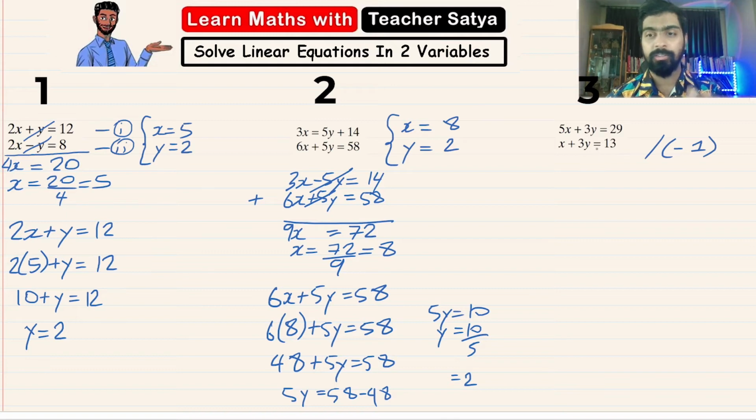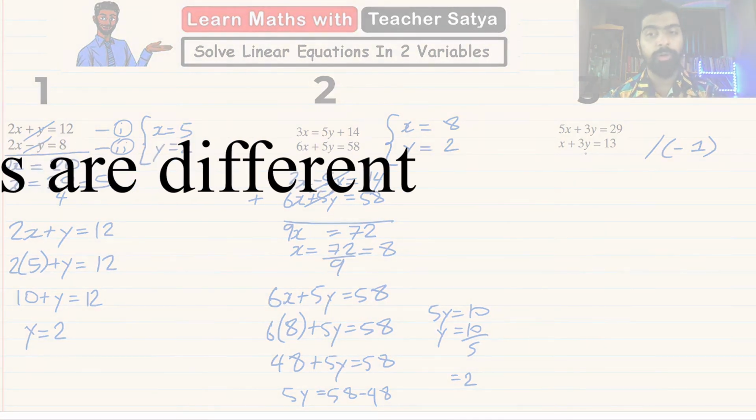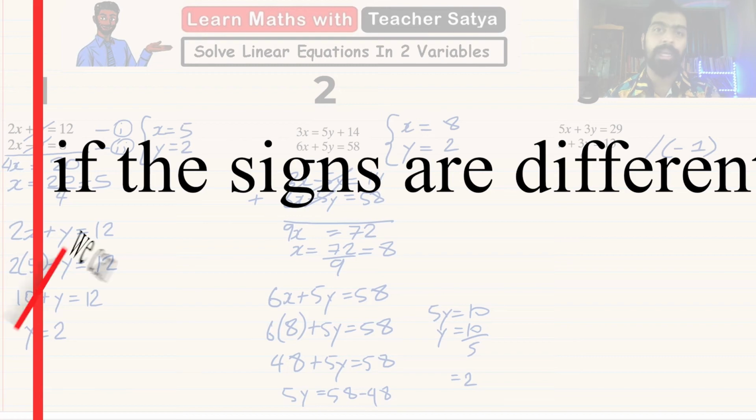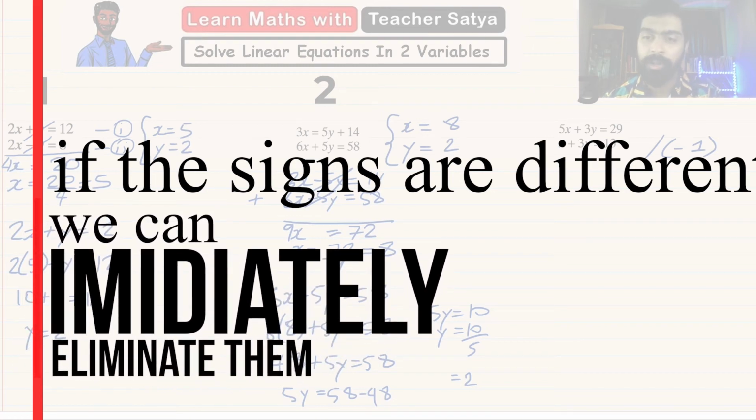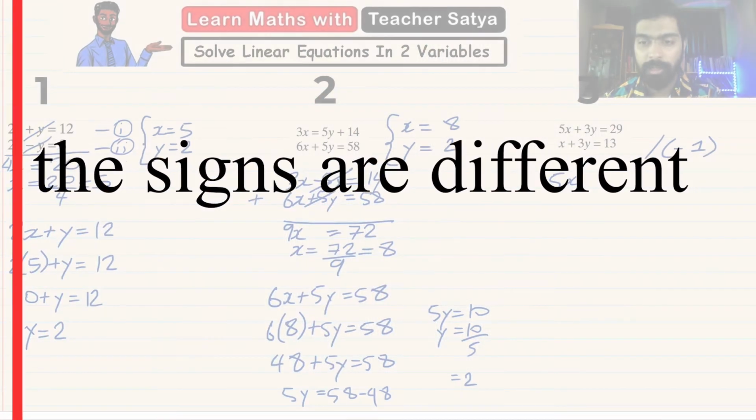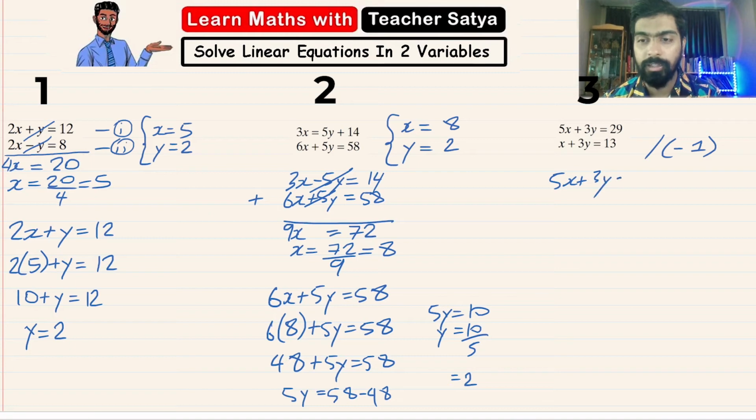As you can see guys, we have 3y in the first equation and 3y in the second equation, but the signs are the same, right? So if the signs are different, we can immediately eliminate them. So what we'll have in this case, guys, is I will take -1 and multiply with all of the terms in the second equation. So I'll have -x, -3y is equal to -13, right?